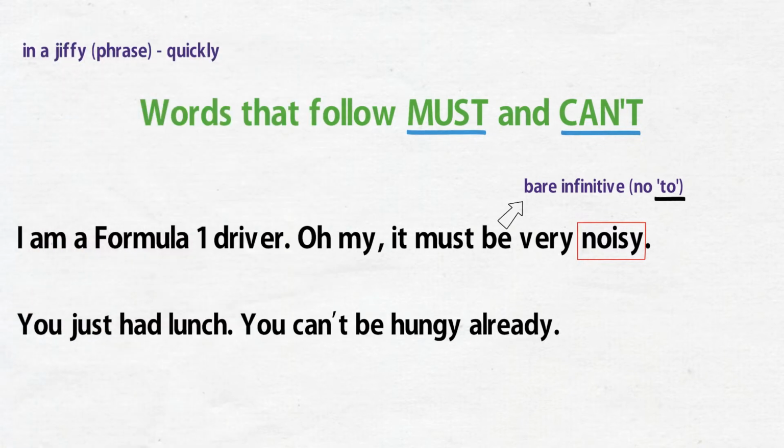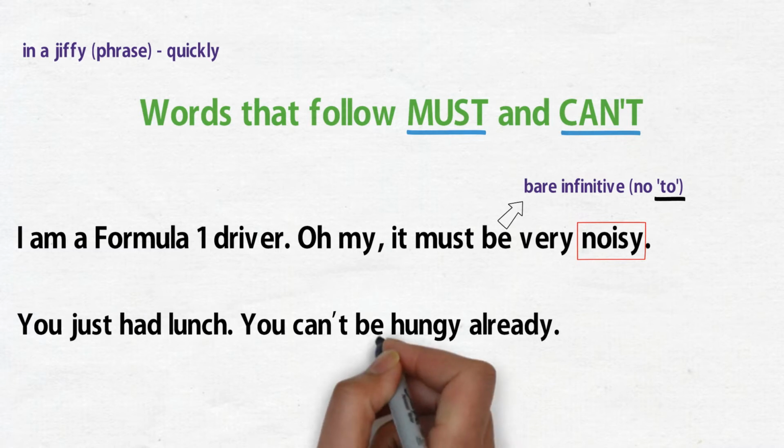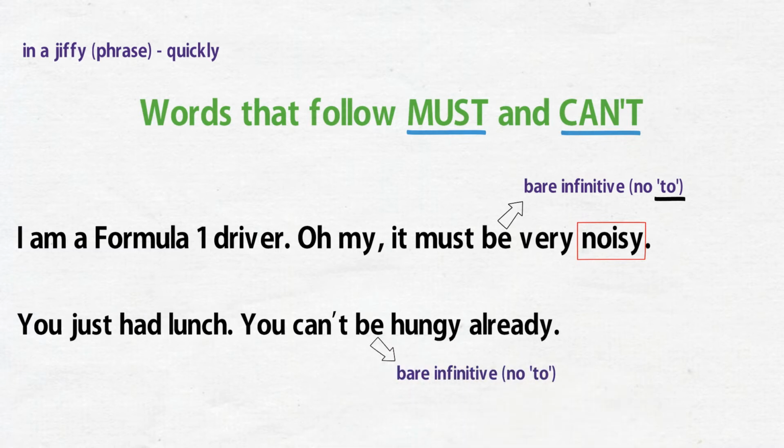In the second example, we can see that we again have a bare infinitive form of the verb to be, followed by an adjective. Even though we have a lot of sentences where these modal verbs are followed by the bare infinitive form of the verb to be, it's not always the case.